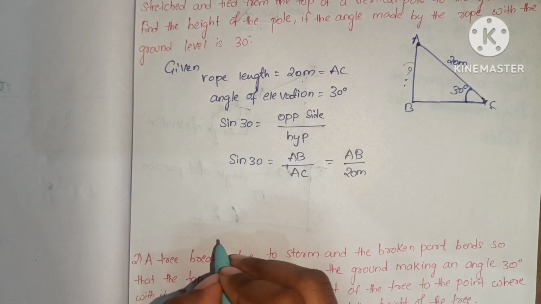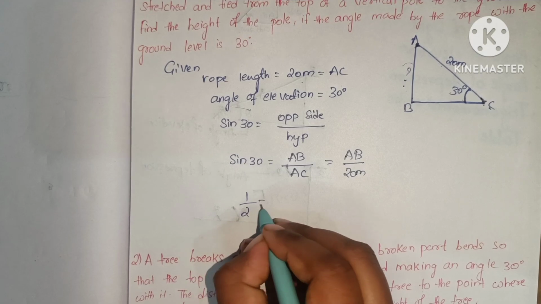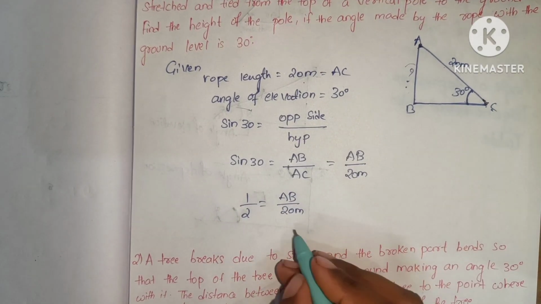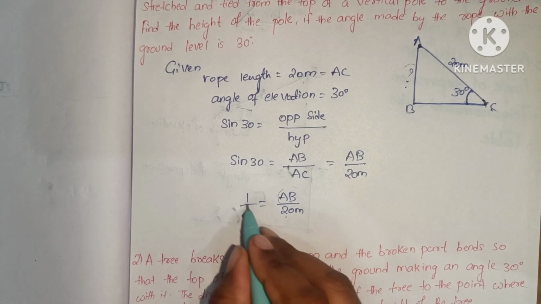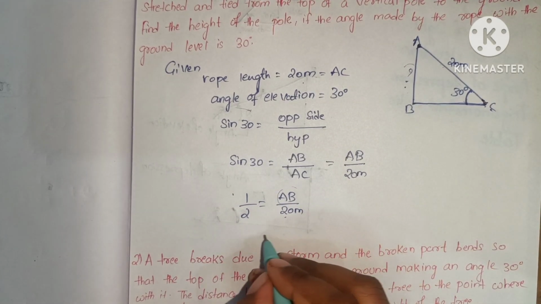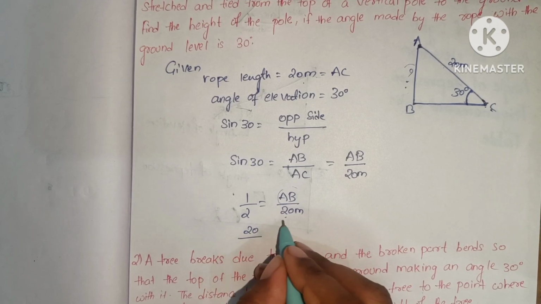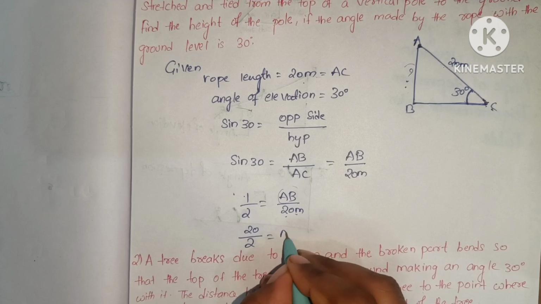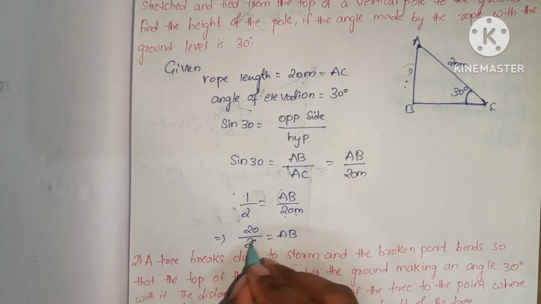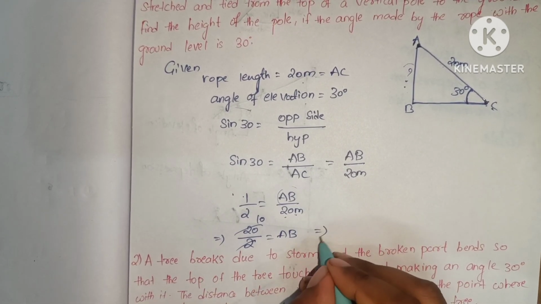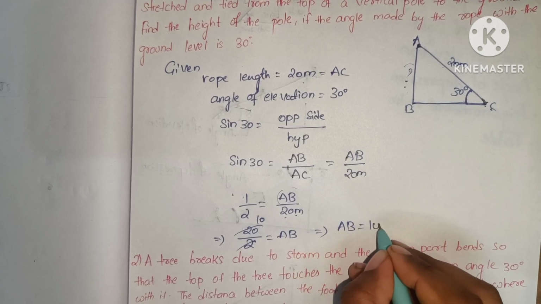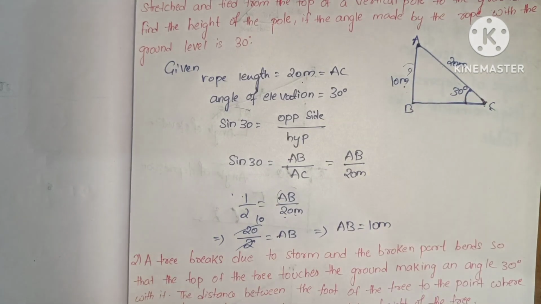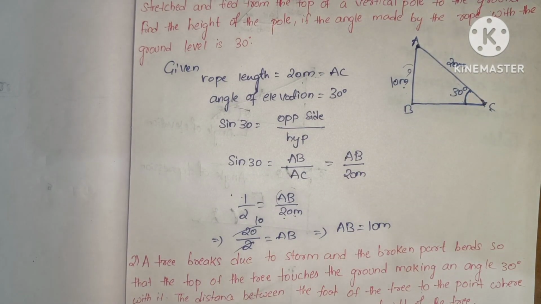What is the value of sine 30? 1 by 2 equals AB by 20 meters. Now you have to find AB. Transpose 20 meters to the left side; the denominator, if it goes to that side, becomes numerator. 20 by 2 equals AB. So 2 in 20 goes 10 times. That means AB equals 10 meters. That means the height of the pole is 10 meters. In this way you have to find. Okay, next question.